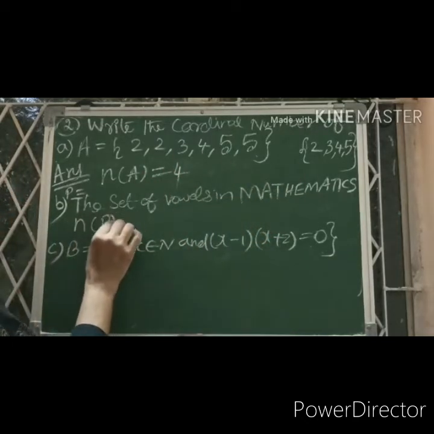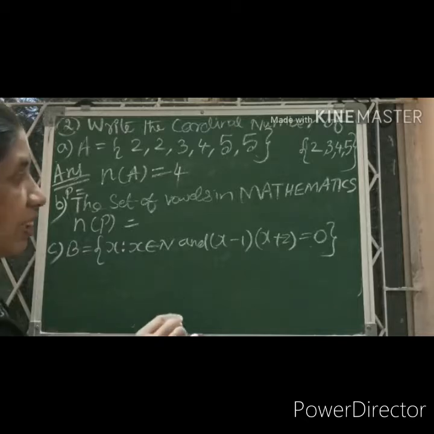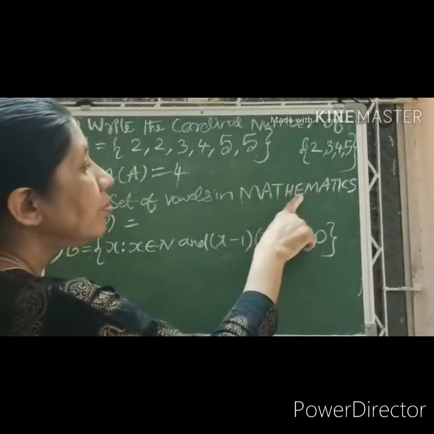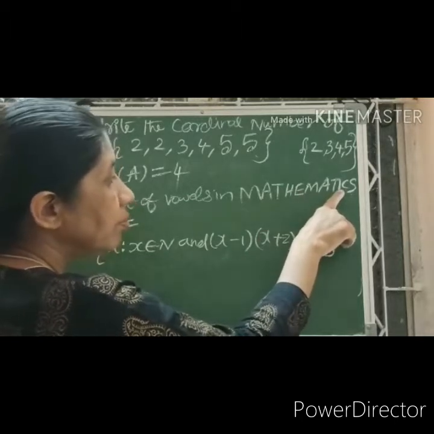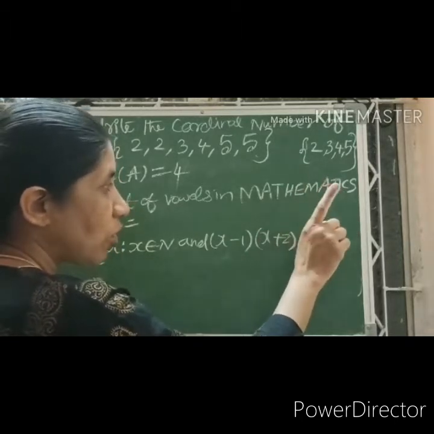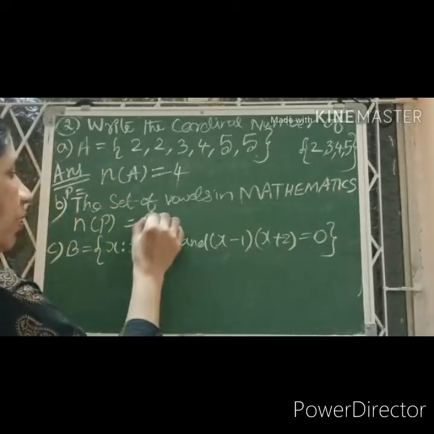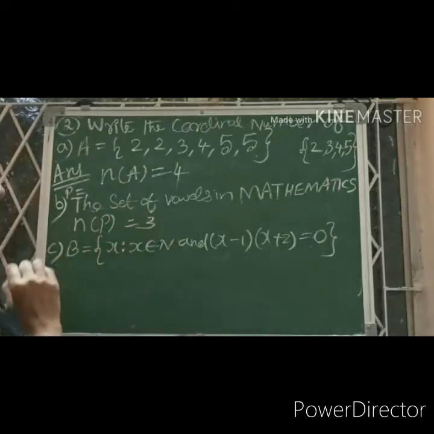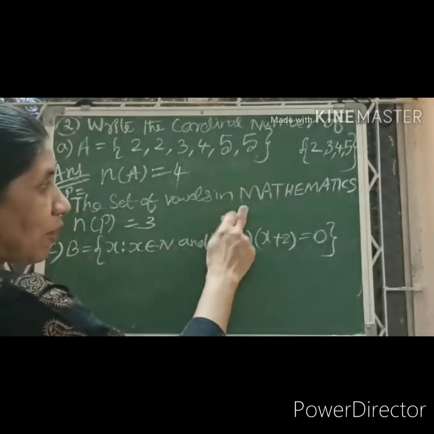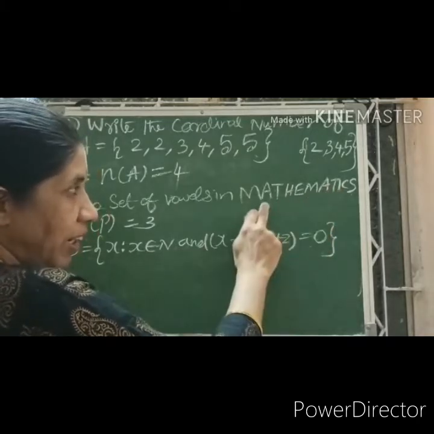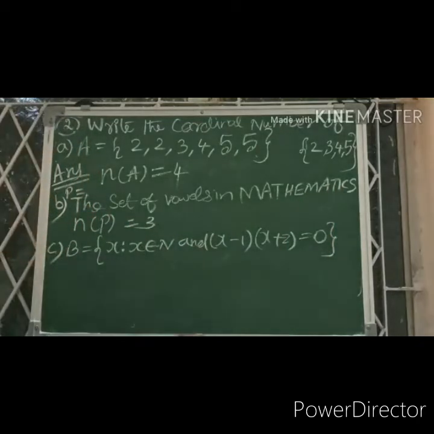So n of P is equal to, identify the vowels A, E, I. One more A is there, but you have to count only once. 1, 2, 3. So what is the cardinal number? It is 3. A is repeated, so 3 terms. n of P is 3.